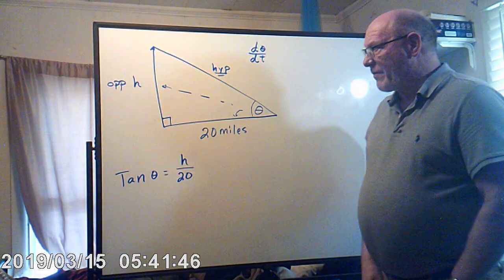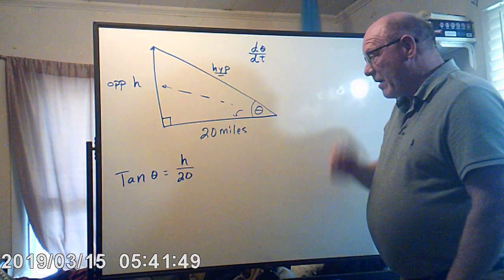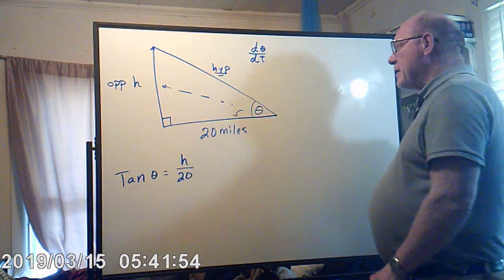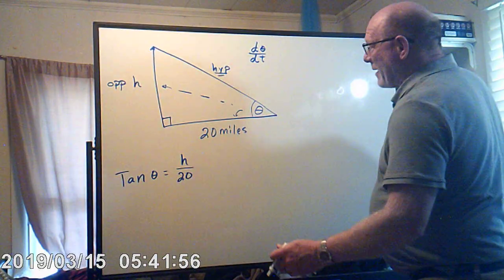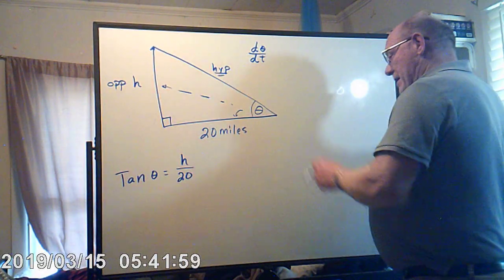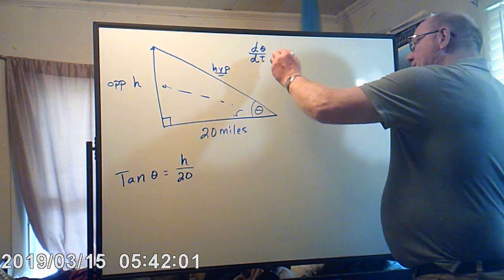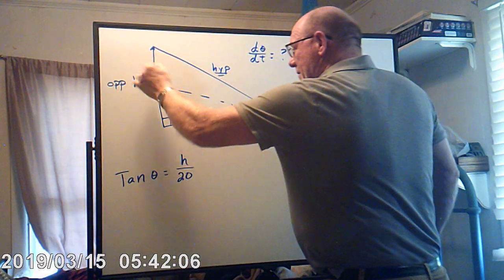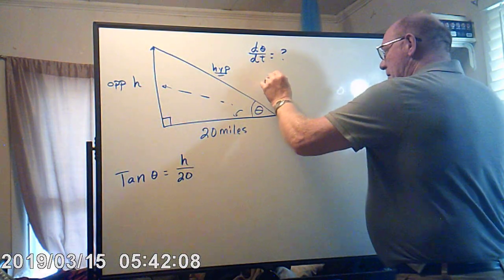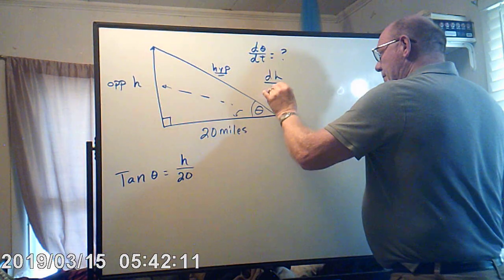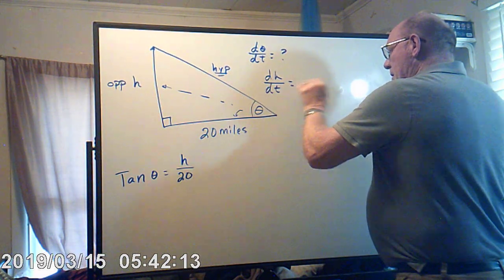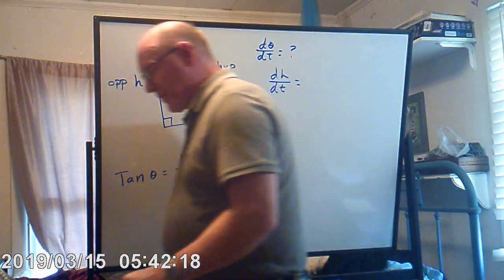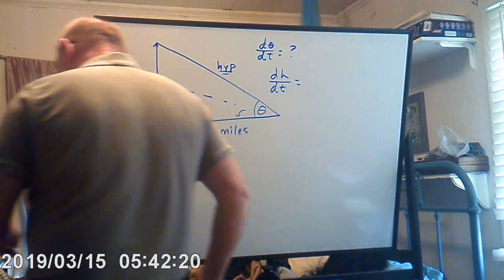Now remember, we're looking for d theta over dt. We know dh over dt. Let's go back over it again. I'm sorry we're going back and forth. My board's just not wide enough.